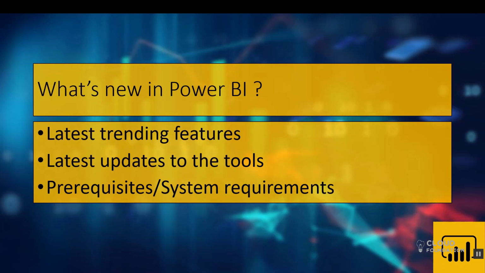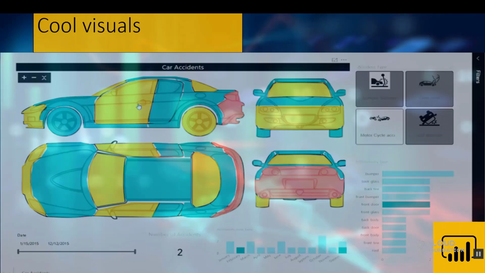All right, so moving ahead, look at this cool visualization. This is an auto industry trying to understand which positions of the cars are most vulnerable or exposed to accidents. They're doing an analysis on their cars.